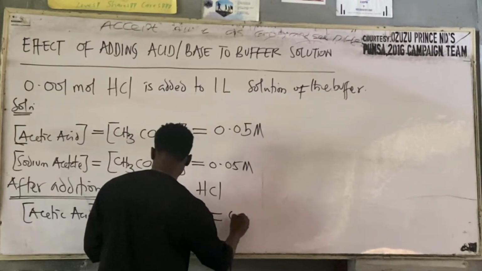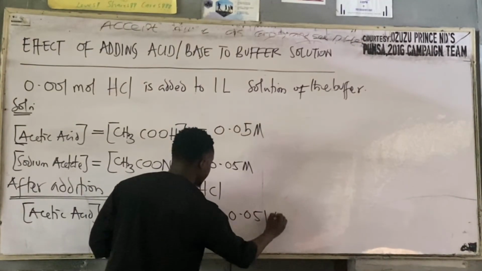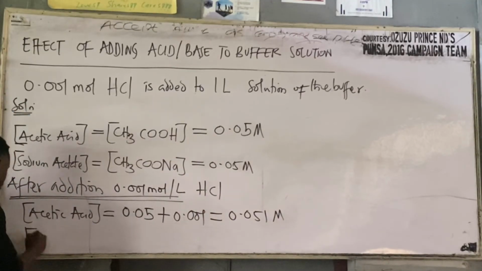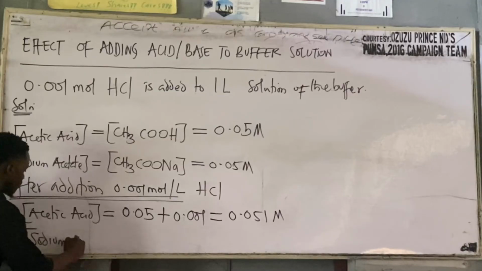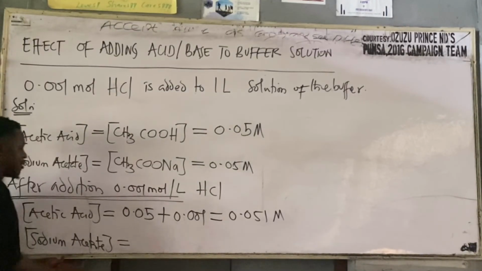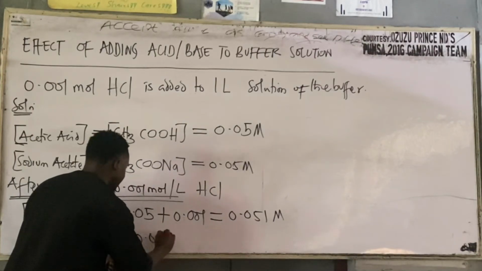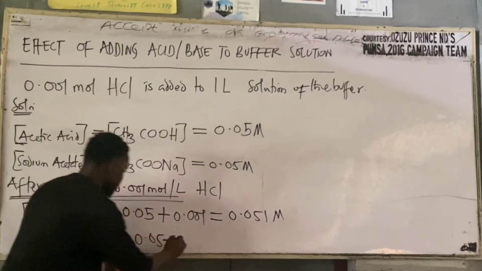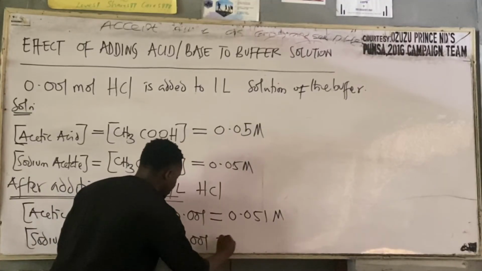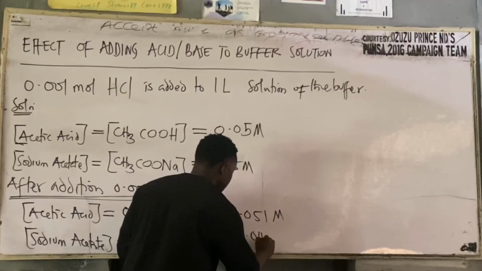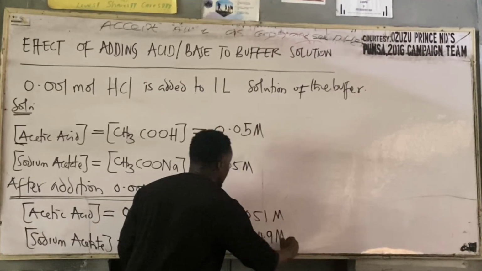This is going to be 0.051. That is the answer. Now, sodium acetate was initially 0.05. You now subtract it since it's an acid. This becomes 0.001. Please press your calculator for me. 0.049 molar.